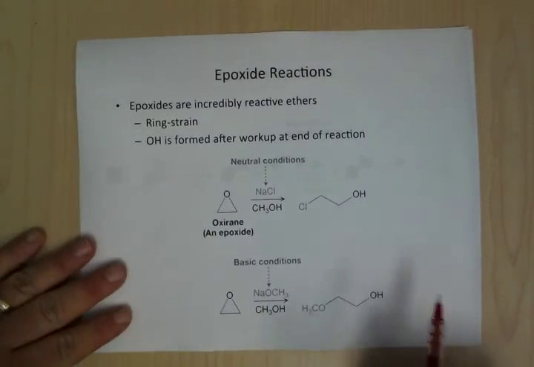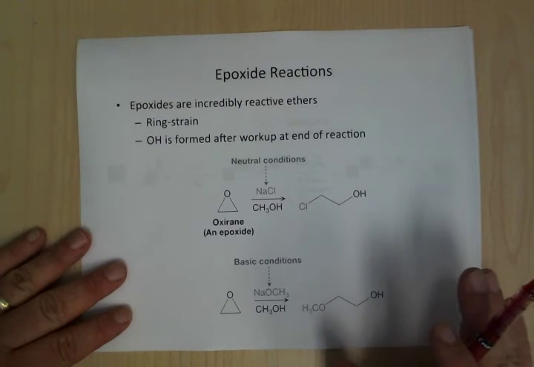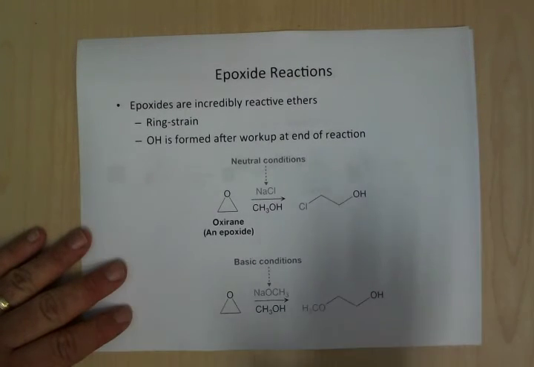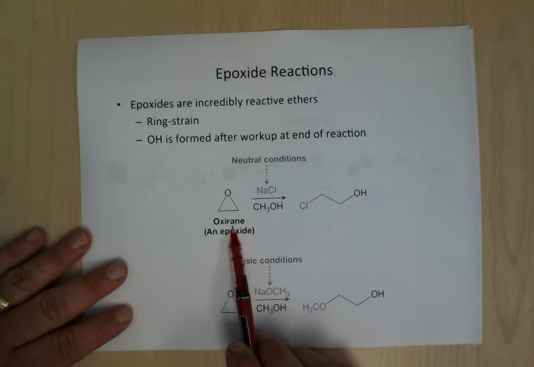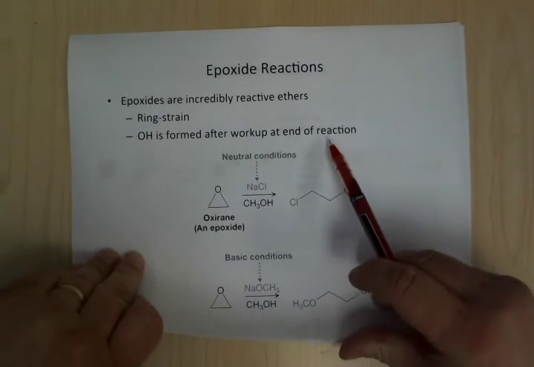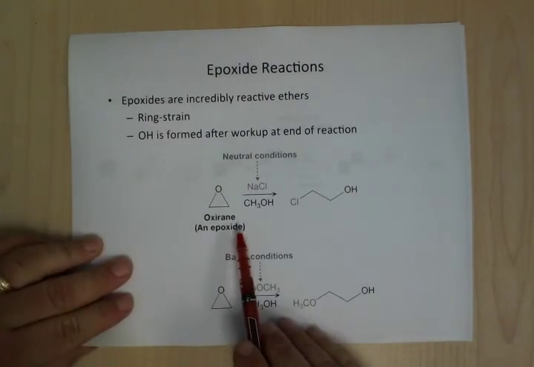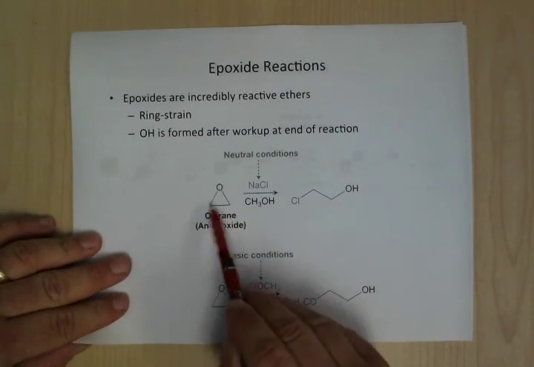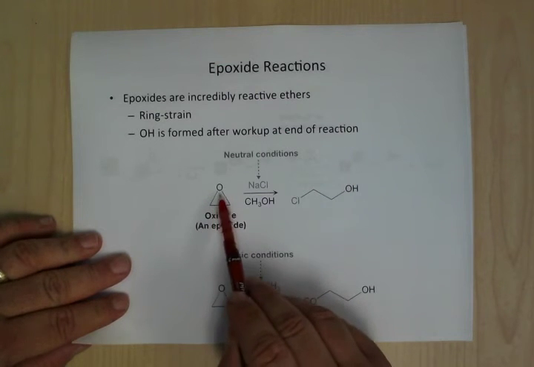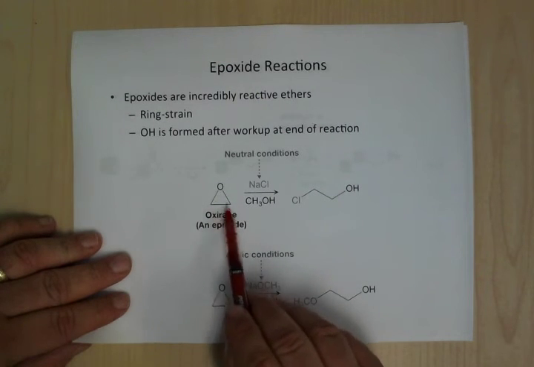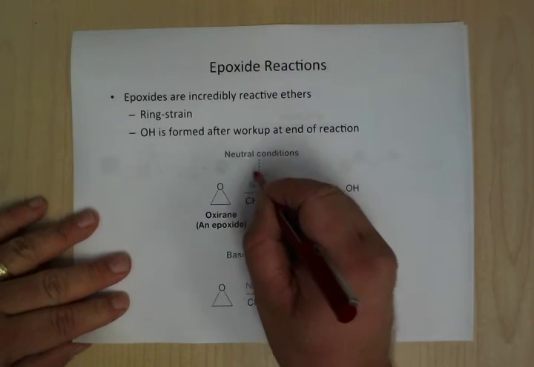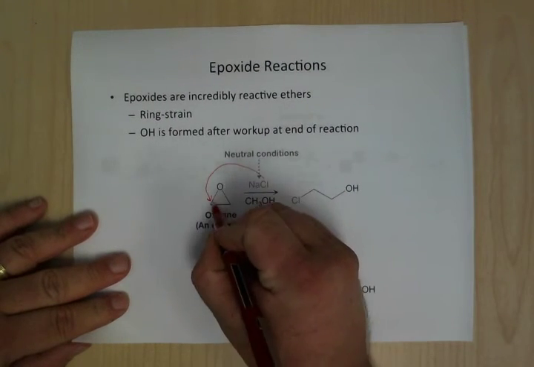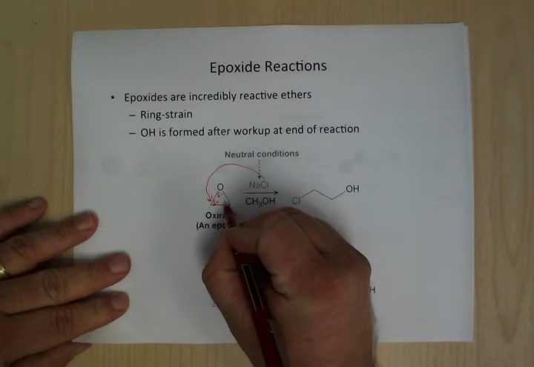Okay, so most ethers are fairly unreactive, the exception being the epoxides. They're also called oxiranes. I'm starting to see oxiranes more often, but they are called epoxides. And so what happens is it is an ether, but there's a significant amount of ring strain, and by doing a nucleophilic attack, it's attack here, because these are polar covalent bonds.